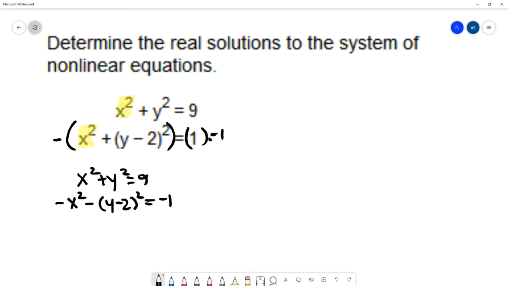And when I add these equations together, the x squareds eliminate, and I have y squared minus (y minus 2) squared equals 9 minus 1 would be 8.